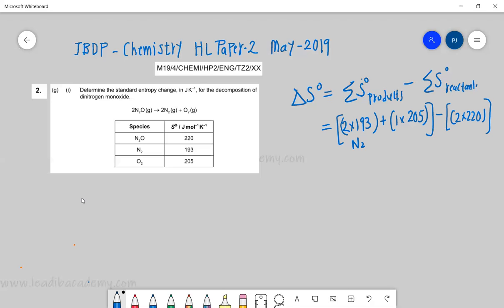Let's do this calculation and you will get plus 151 joules per Kelvin. This is the entropy change. The concept is the summation of the products' entropy minus the summation of the reactants' entropy. That is what we need to calculate. Extremely simple.